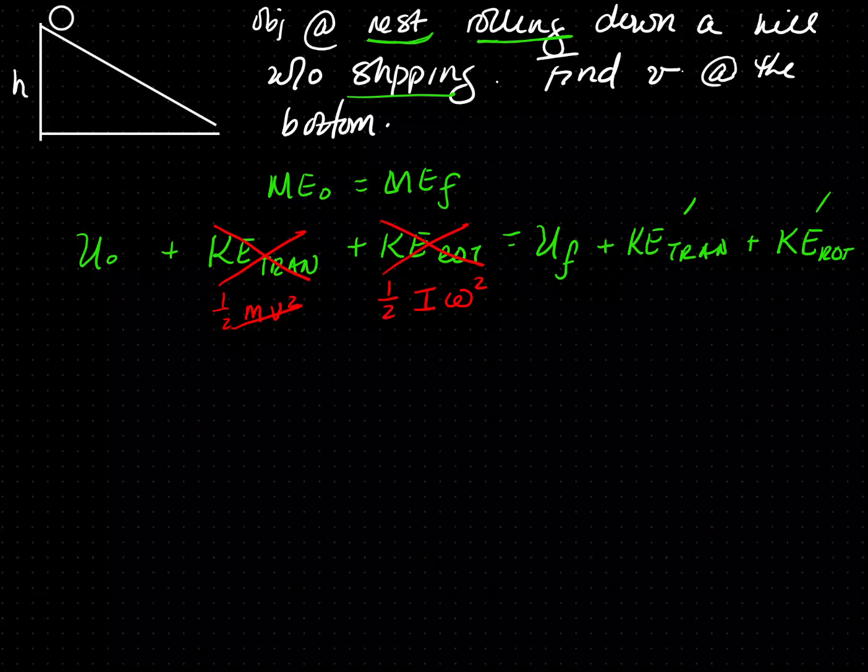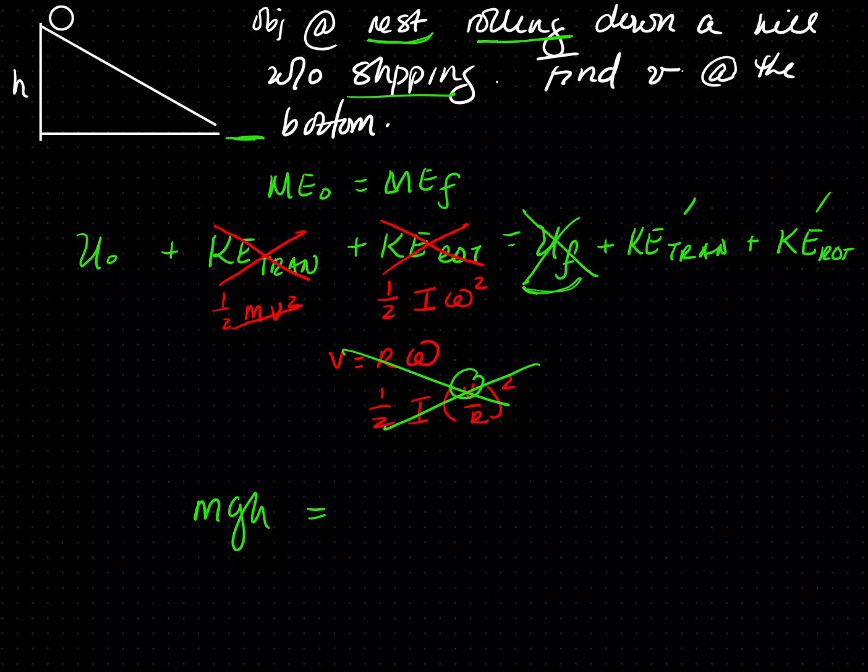Since it's not slipping, omega is v over R. So if I plug that in, this is 1/2 I times v over R squared. And since it's starting at rest, this v becomes 0, so there's no rotational energy. It will have potential energy because it has height of h. It has no final potential energy because there is no height at the bottom.